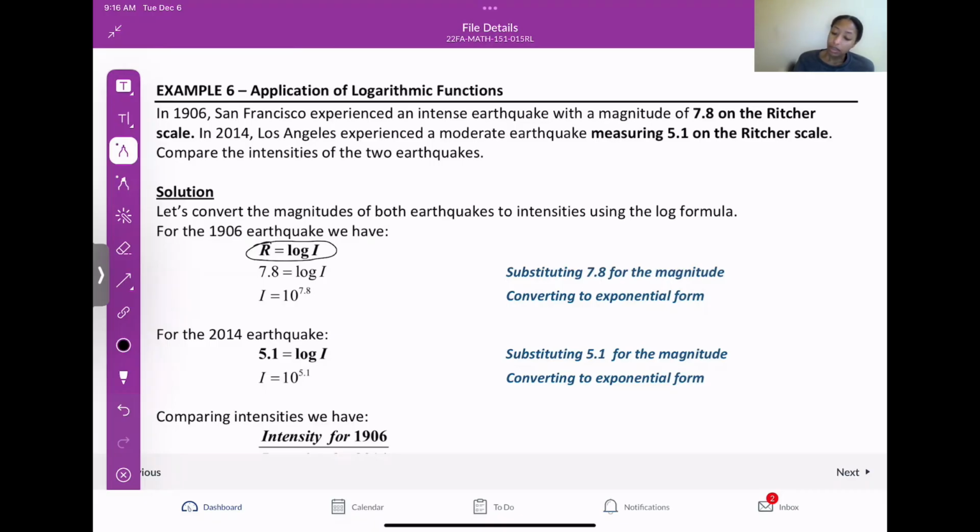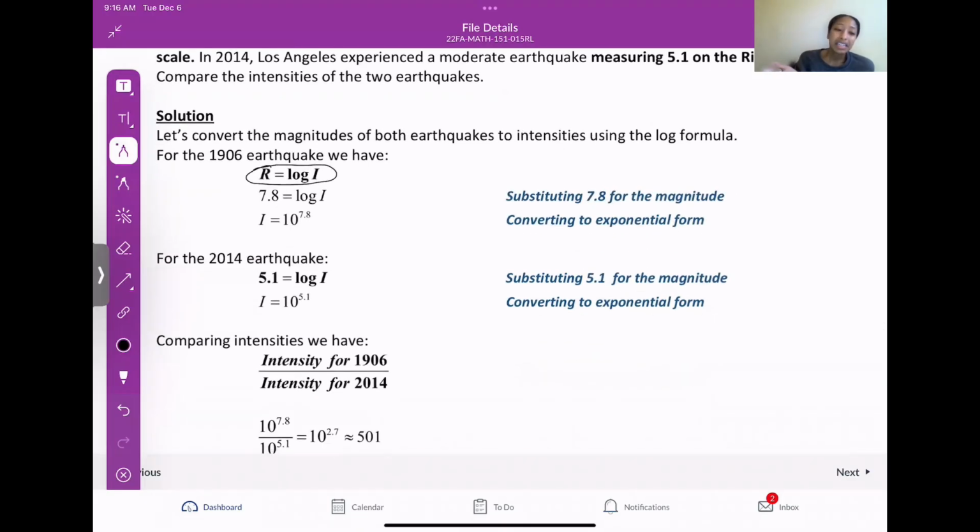Then we want to compare the intensities, so we can just divide the two to see how many times stronger the 1906 earthquake was compared to the 2014 earthquake.